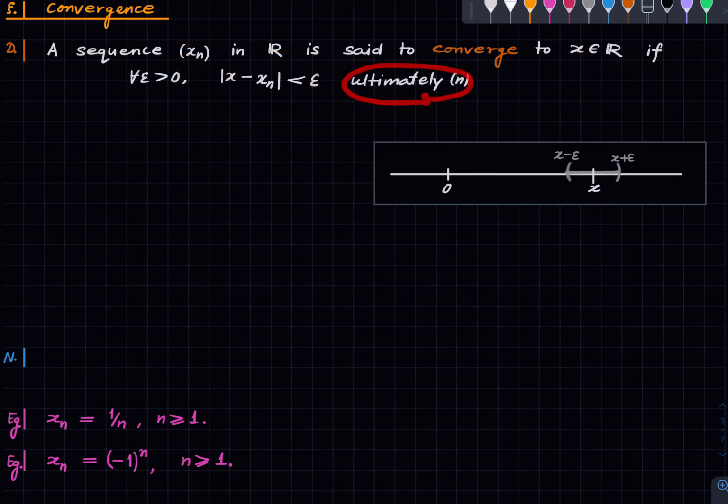One more thing. If a sequence is not convergent, then it is called divergent. So that is also a definition. A sequence that does not converge is said to diverge or is called a divergent sequence. So it is becoming all hodgepodge.